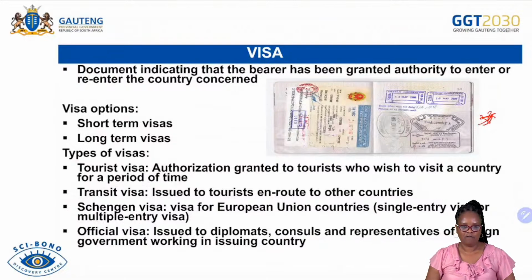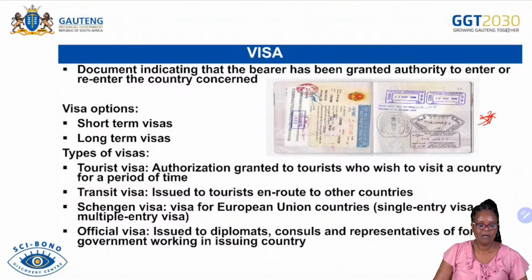Let's look at the types of visas. Number 1, we have the tourist visa. The tourist visa is whereby authorization is granted to tourists who wish to visit a country for a period of time.